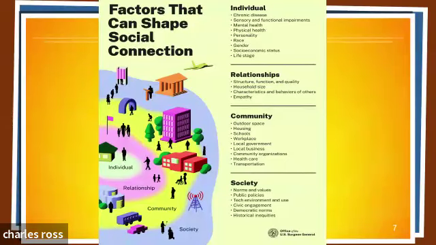For community and society, there are a lot of different factors, such as whether there are outdoor spaces or safe green spaces near where you live, your housing environment, whether you live in the country, or in an area where it's easy to interact with your neighbors. You could read through them there. I'm not going to go through each one, but there's been a lot of research done on the factors that influence our ability to connect, or lack thereof.